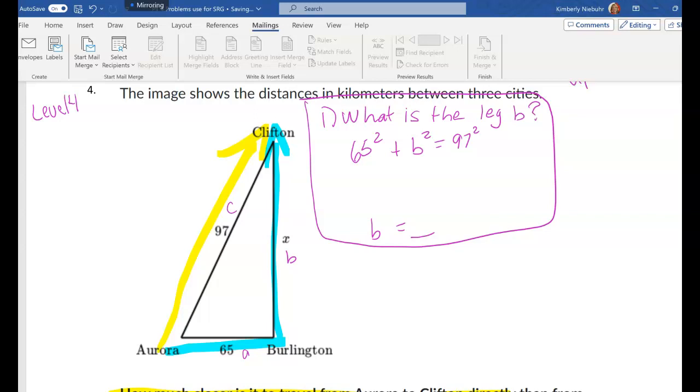Once we find that out, then we need to find out how far it is to travel to Clifton through Burlington. We can add the distances between each of the towns. How far is it to travel from Clifton to Burlington?